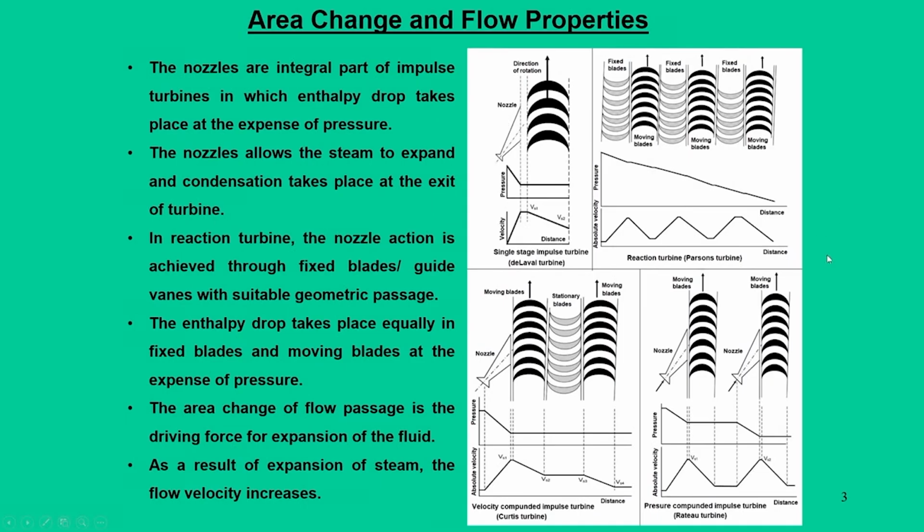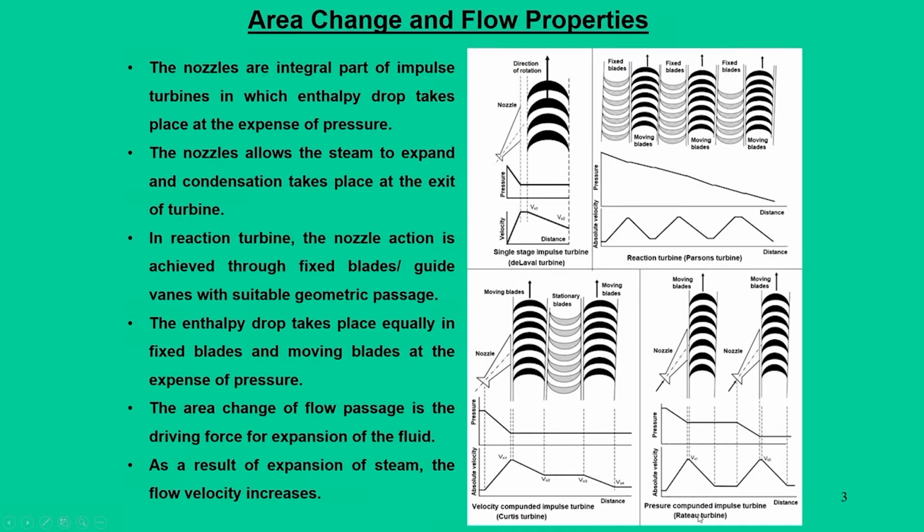For example, in a single stage impulse turbine, nozzles feed the steam for rotation of the blades. When you go for compounding also, a single nozzle supplies the steam to all the moving blades, arranged in a particular fashion. That is called a Curtis turbine or velocity compounded impulse turbine.